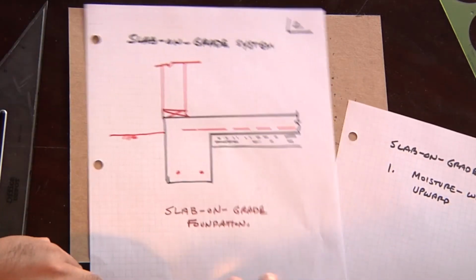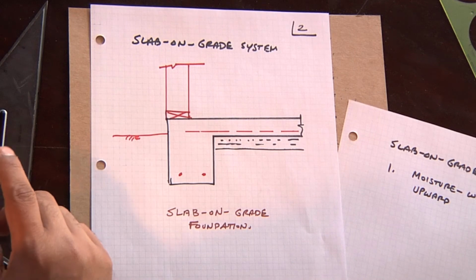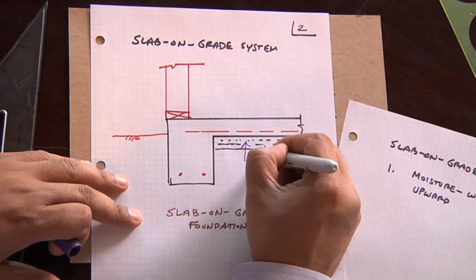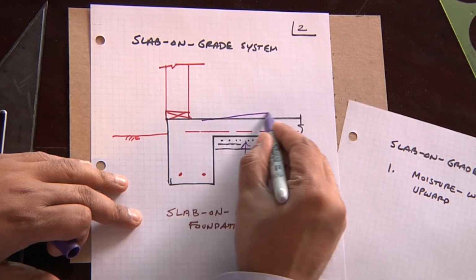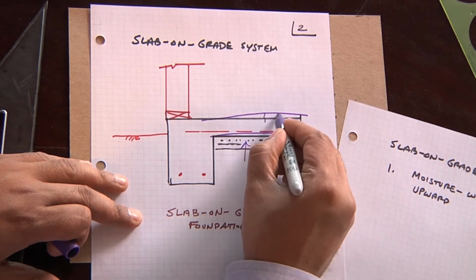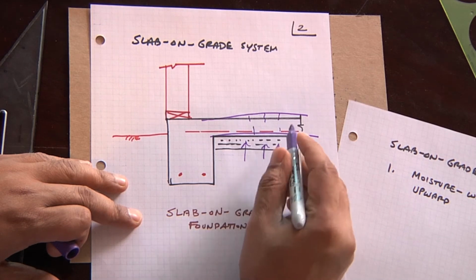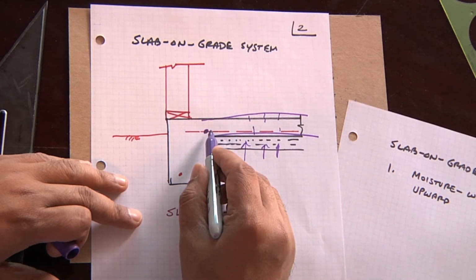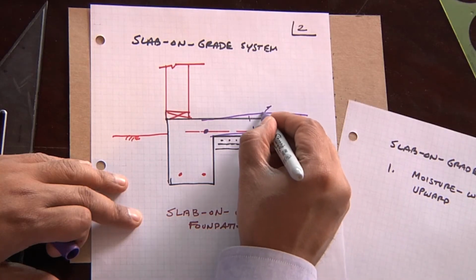The slab-on-grade system is subjected to upward earth pressure. If you're on expansive soil, it'll cause this slab to bend and crack. In many cases they have not put the rebar in that they were supposed to, or it's inadequately placed, so you'll have water seeping up through your slab.